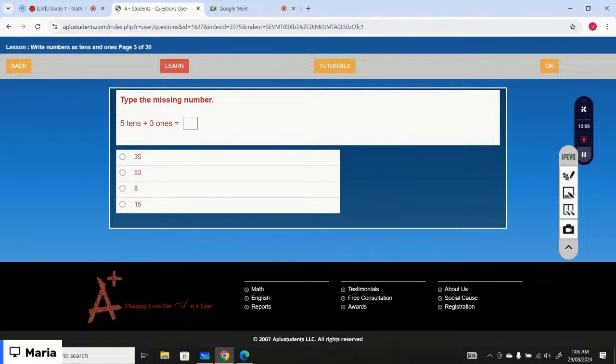So which is the correct option? 5 tens and 3 ones makes 53.